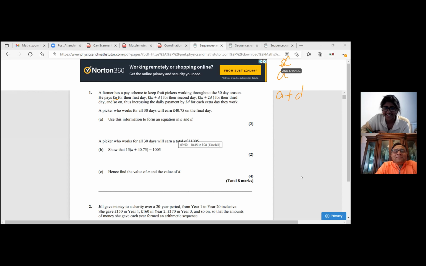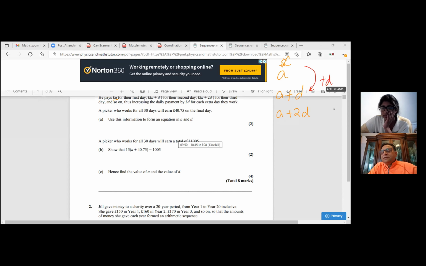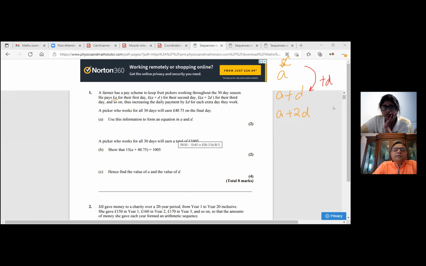All right. And then A plus 2D. That means each time it is increased by D pounds, correct? Yeah. In a sequence, the rule is that we add a fixed amount. In that case, it is an arithmetic sequence, right? Right. So each time it is increased by D pounds.